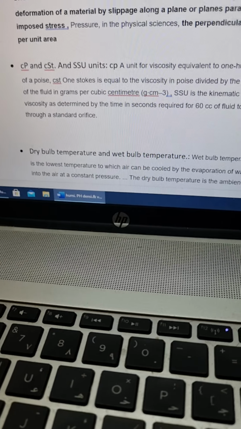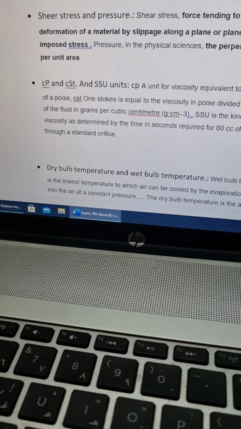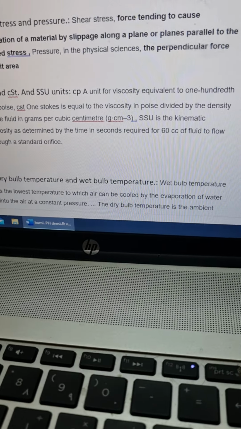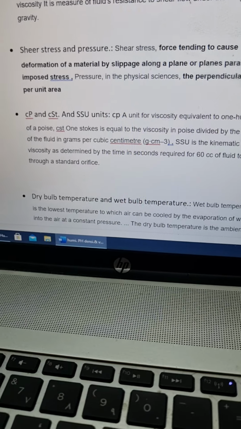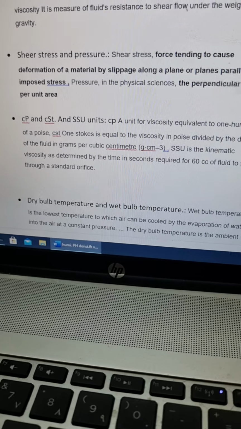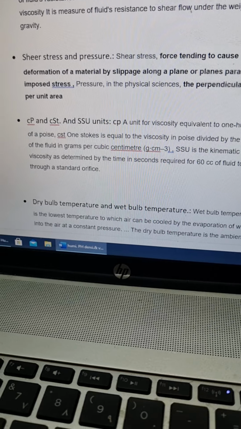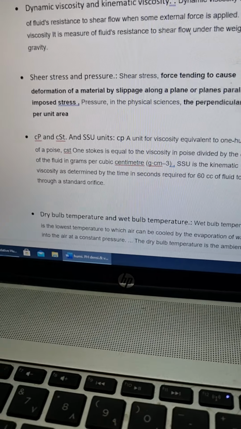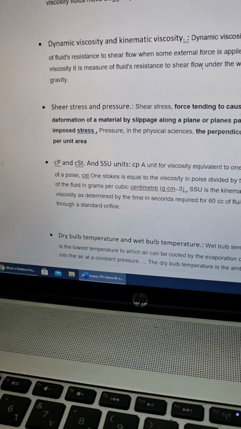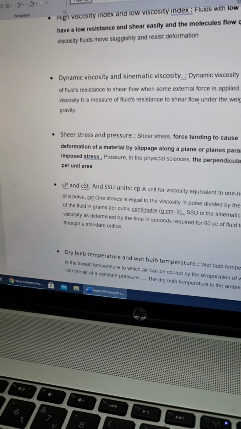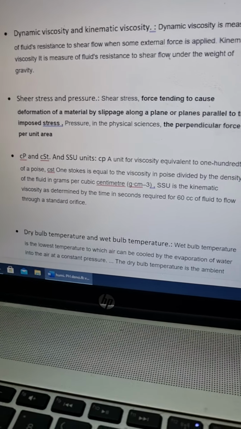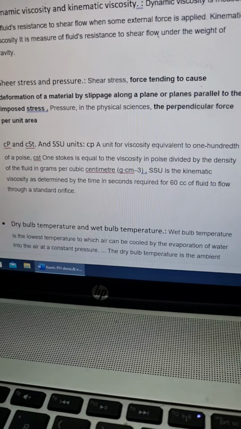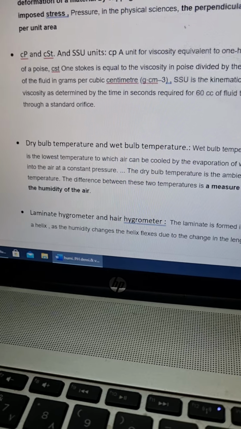They are very similar, but the shear stress is the force that comes parallel to the surface. On the other hand, pressure is pressed downward, while shear stress is only parallel on the surface. Okay.